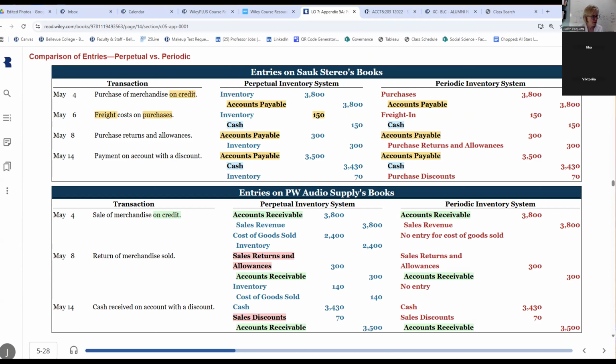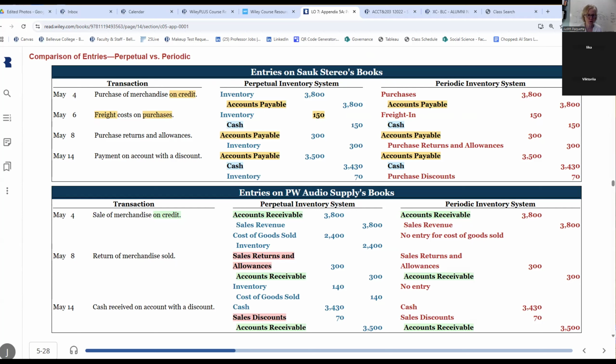Let me open up. I want to talk briefly about statements. So that's going to be in chapter 5. So we have the multi-step income statement in chapter 5. So just like with balance sheet, in chapter 1, we did a simple balance sheet, simple income statement, retained earnings statement.